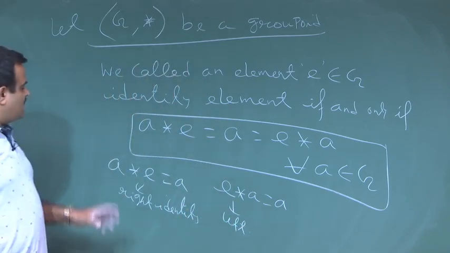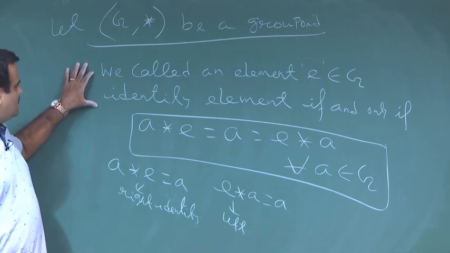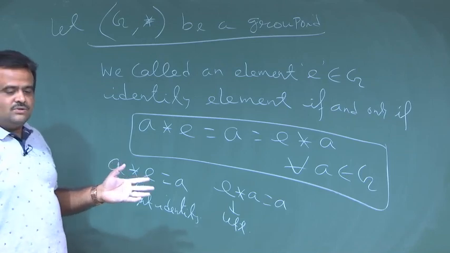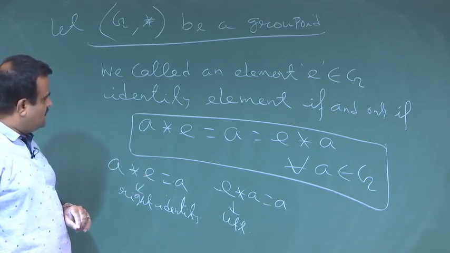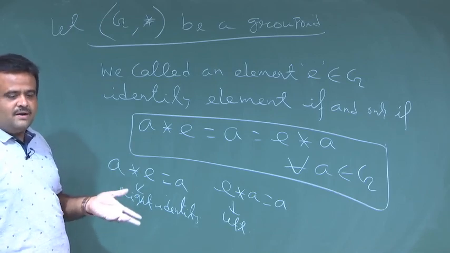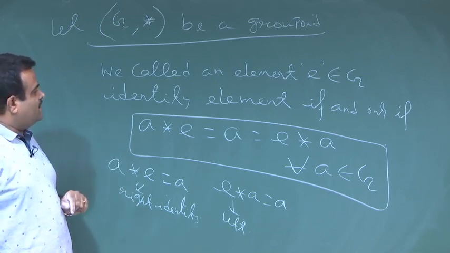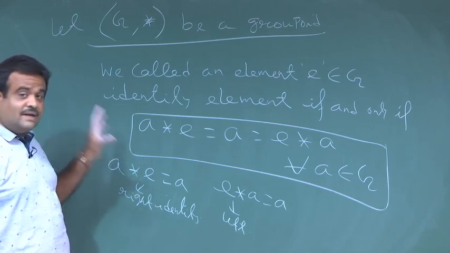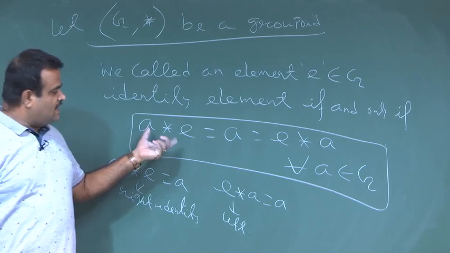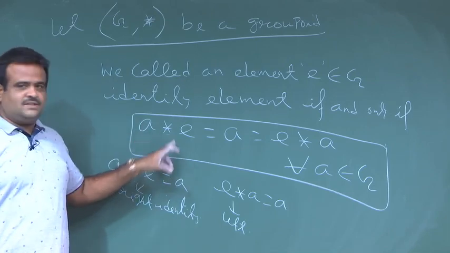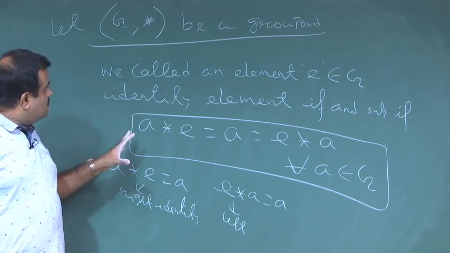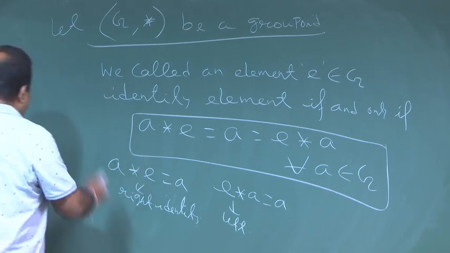But existence of identity means it works from both ways. If it is both a right identity element and a left identity element, then it is called an identity element of G. Later on we will see that if such an element exists, then it is unique. We will prove that theorem. So, this is the definition of the identity element.